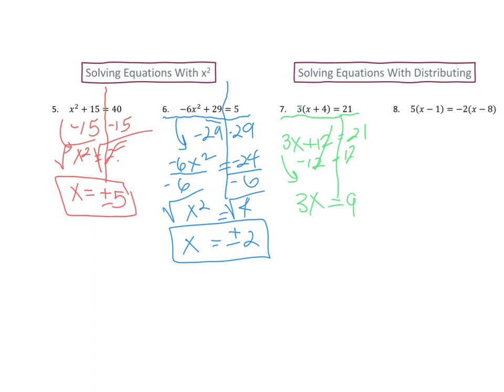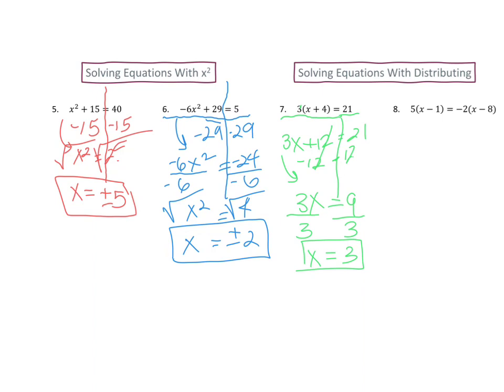Now I got all my letters on one side and all my numbers on the other. Looking good, but I want to know what 1x equals, not what 3x. So I divide each side by the number in front of x, which is 3, and I get x equals 3. 9 divided by 3 is 3. Make sense? Hope so.